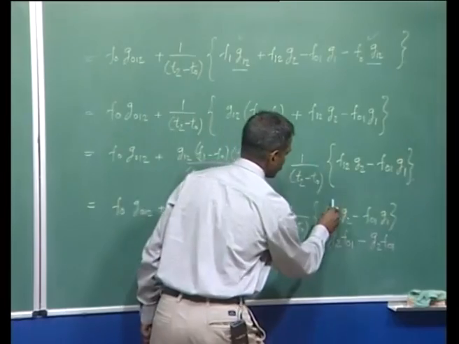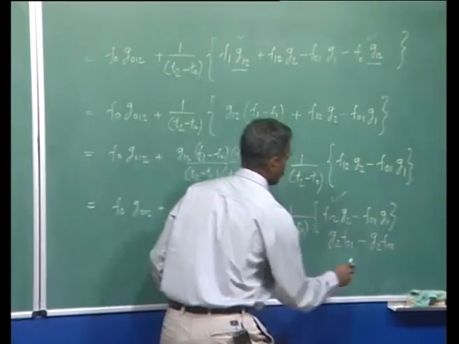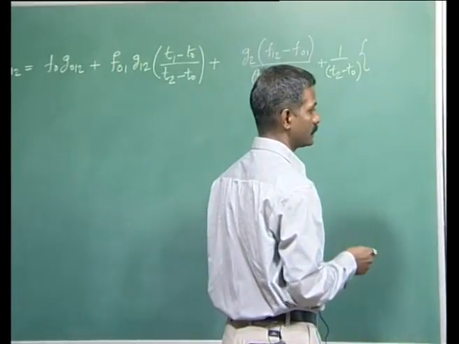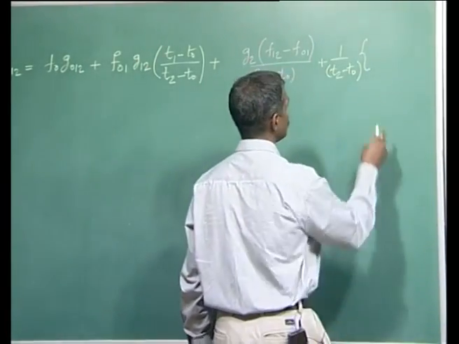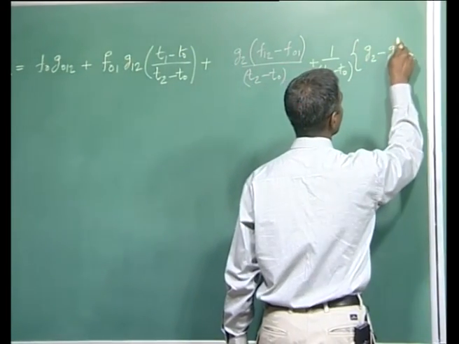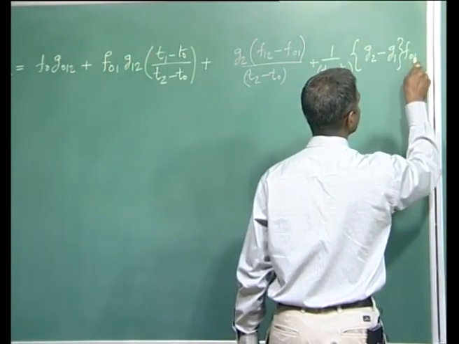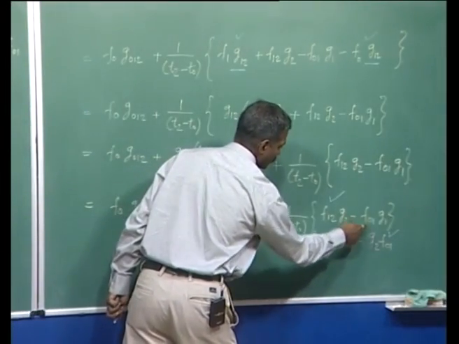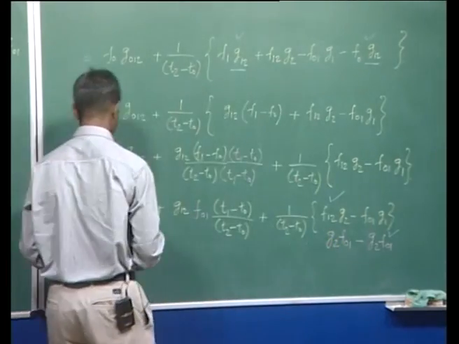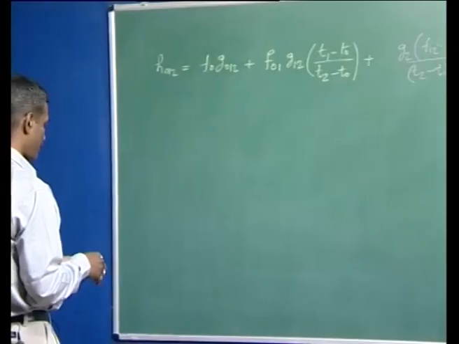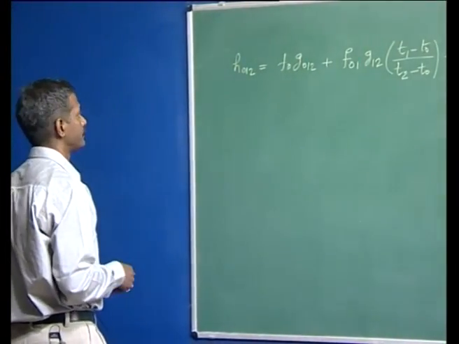So I had considered this term here and this term here. What I'm left with is G2 minus G1 times F01. If you notice, F01 is common between these two terms. I should be able to simplify matters a lot from here.